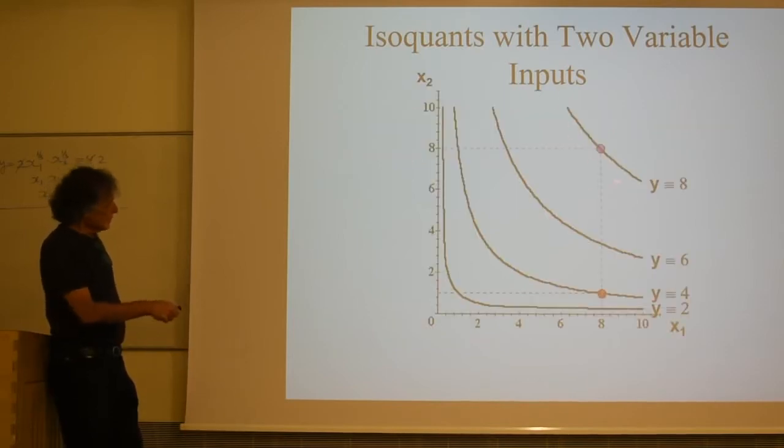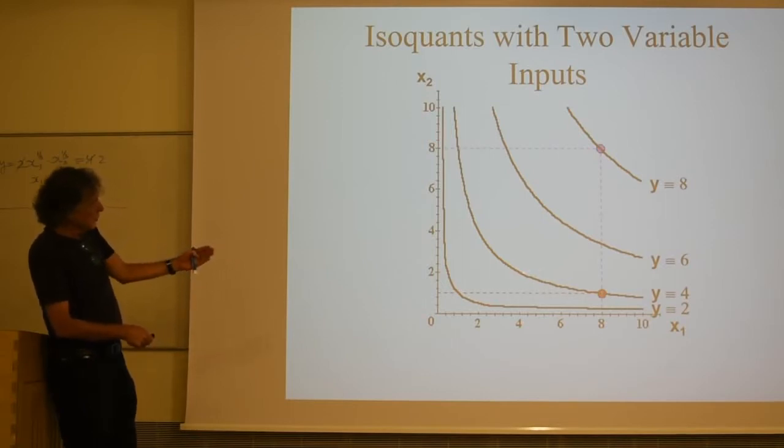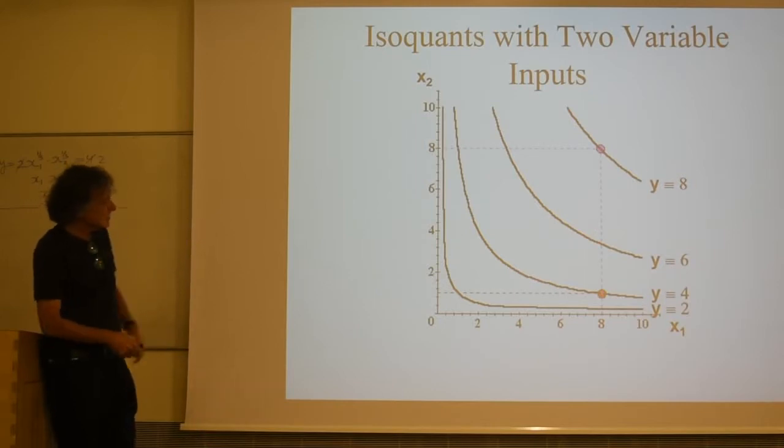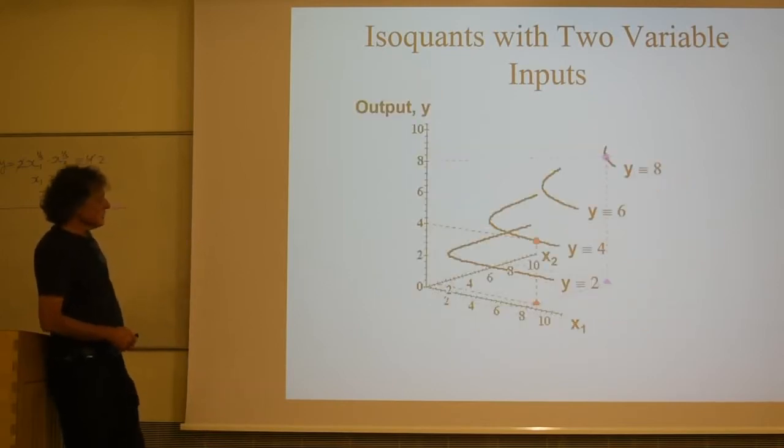Here, y equals 8, y equals 6, y equals 4, y equals 2, everything in a two-dimensional case, x1 and x2. If I want a three-dimensional case, this will be the lowest, 2. This will come 4 units up, this will come 6 units, and this will come 8 units. So I can describe it, you see, these are in different scales, each one is higher than the other. This is the vertical output axis.